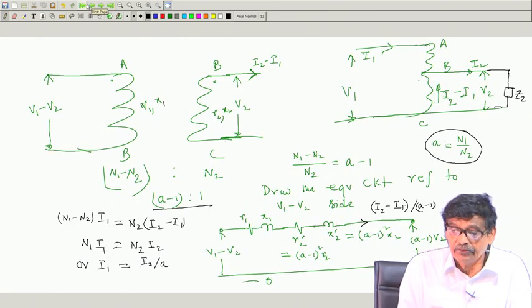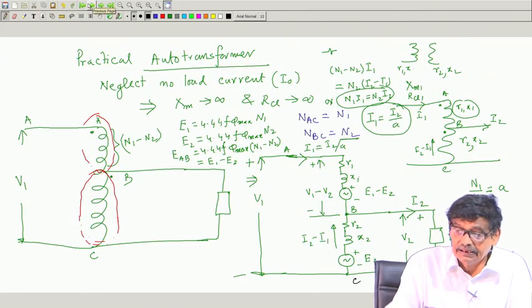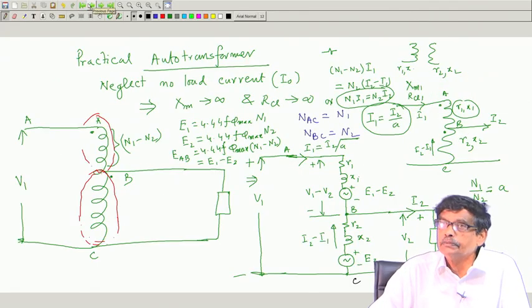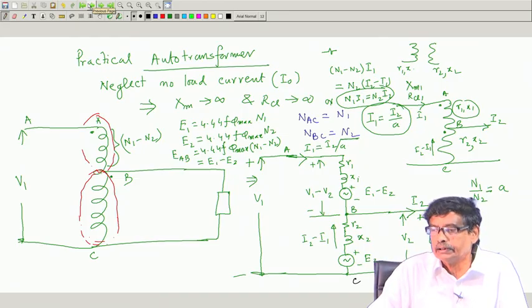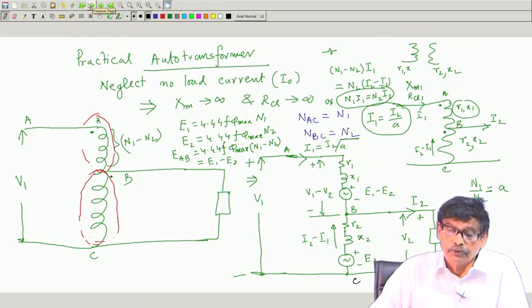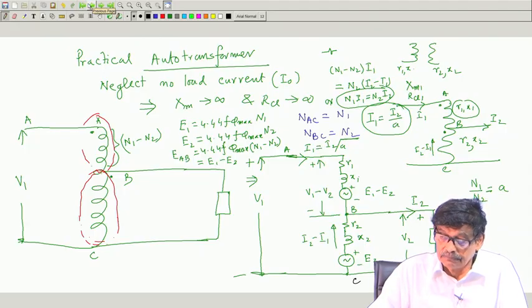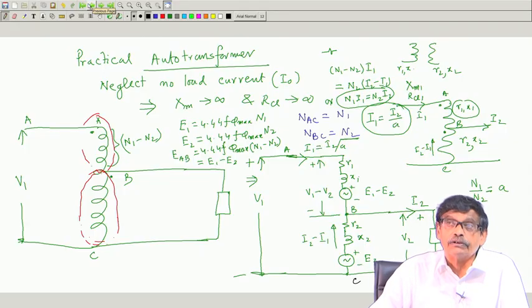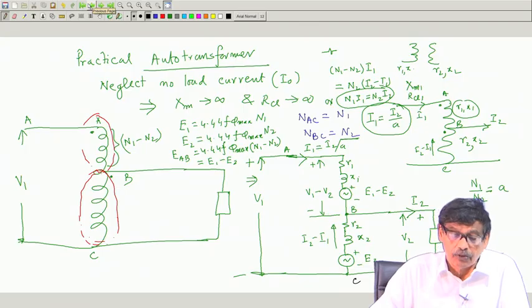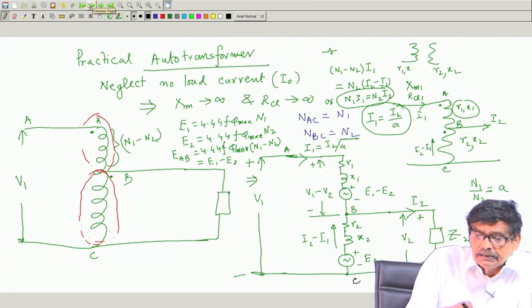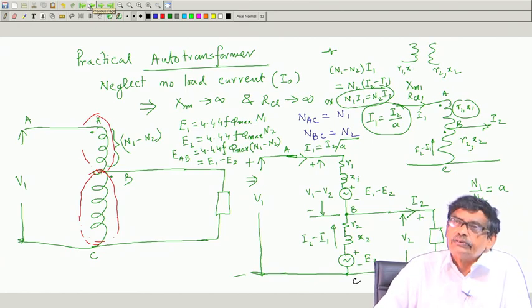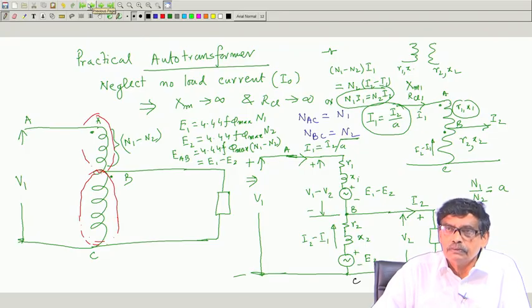Now, suppose I say that okay, in this equivalent circuit you have not talked about the no load current. In any case, I will consider the approximate equivalent circuit. Therefore, the magnetizing current and the core loss component of current can be shown to be connected right across the supply terminals as two components.